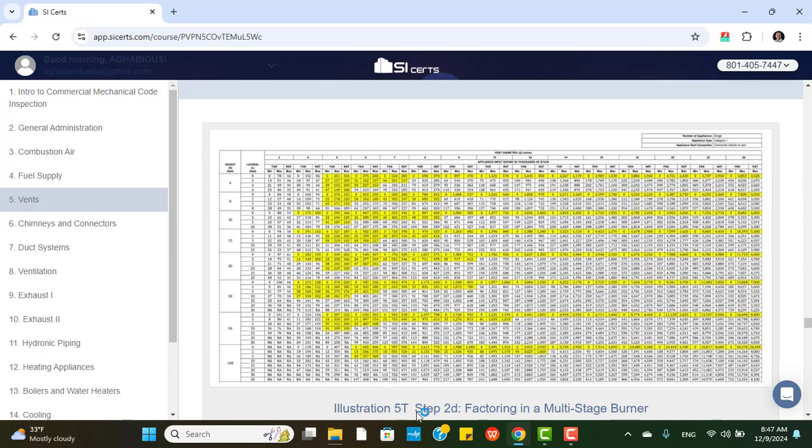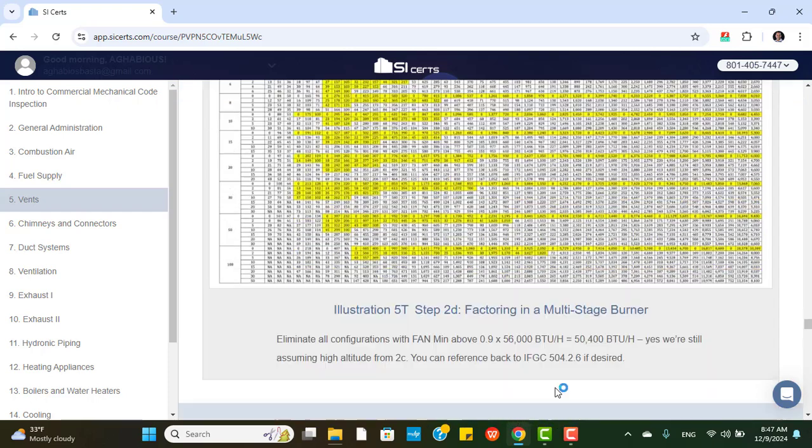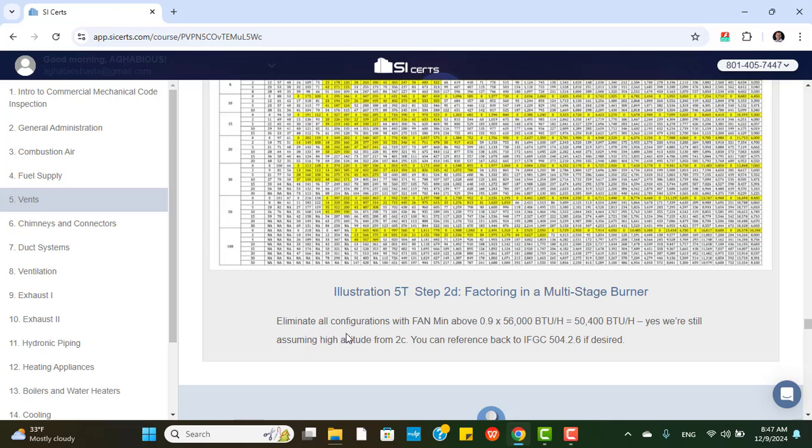And this is the table. Illustration 5D, step 2D, factoring in multi-stage burner. Eliminate all configurations with a fan minimum above 0.9 multiplied by 56,000 BTU per hour. It will equal 50,400 BTU per hour.